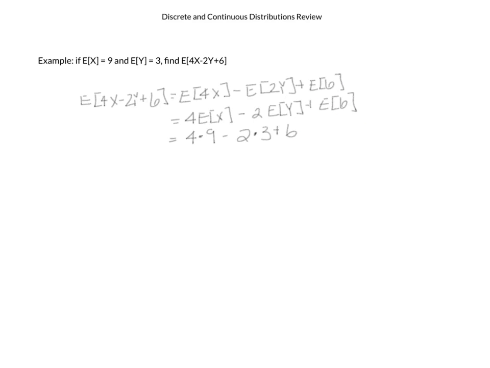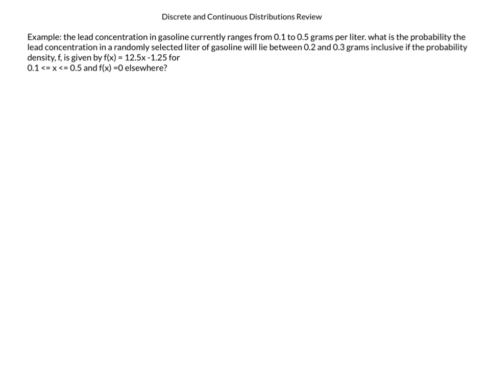So that's this example. Next is a continuous example. The lead concentration in gasoline currently ranges from 0.1 to 0.5 grams per liter. What is the probability the lead concentration in a randomly selected liter of gasoline will lie between 0.2 and 0.3 inclusive if the probability density f is given by f of x is equal to 12.5x minus 1.25 for x between 0.1 and 0.5 and 0 elsewhere?